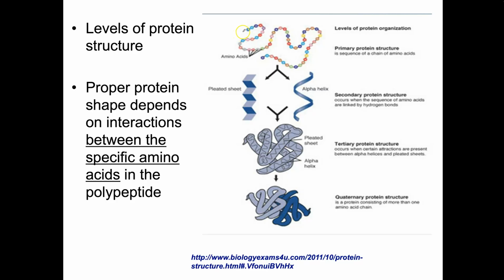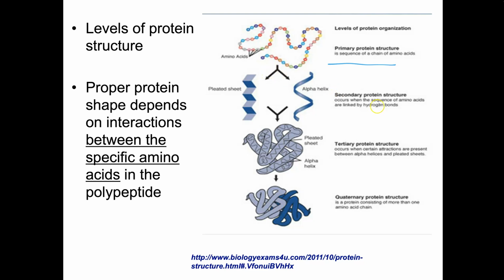So when translation occurs, it generates a long string of amino acids. And that's referred to as primary structure. And the protein is never just in this structure, because even while it is being produced during translation, even if only part of the protein has been produced, it will begin folding already.